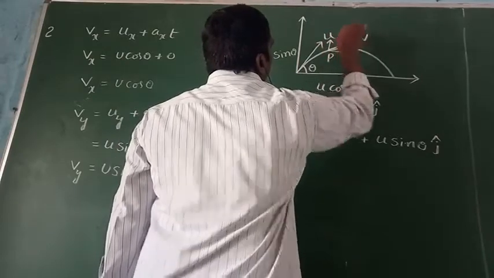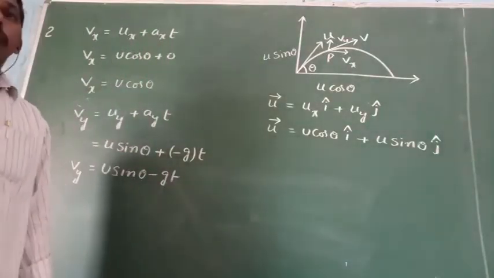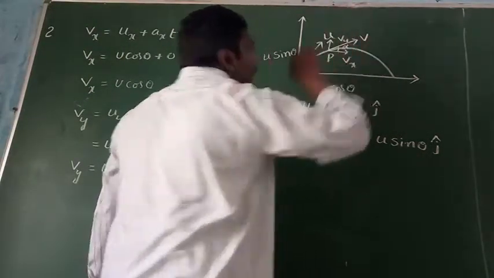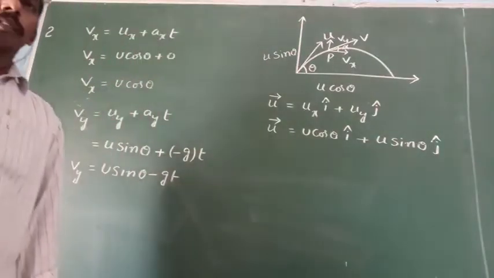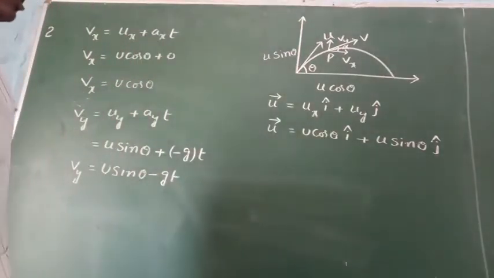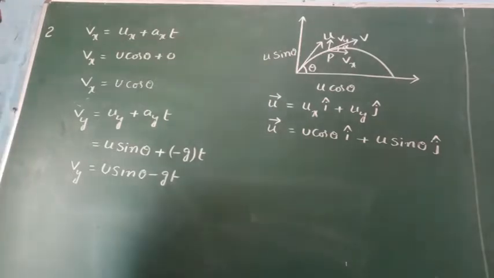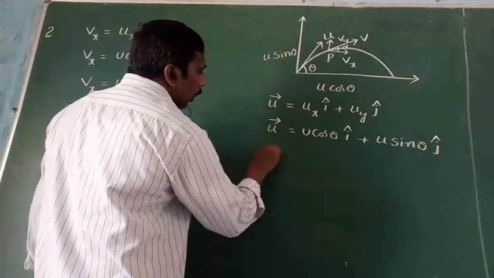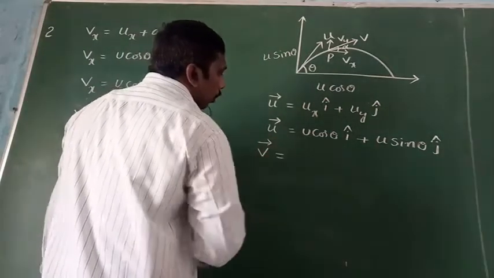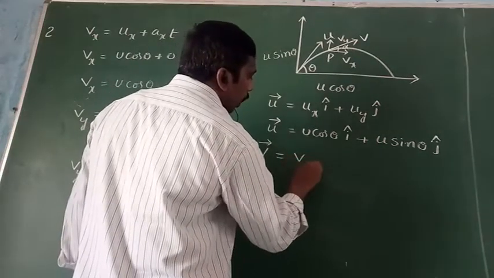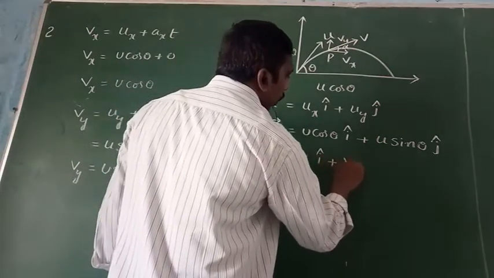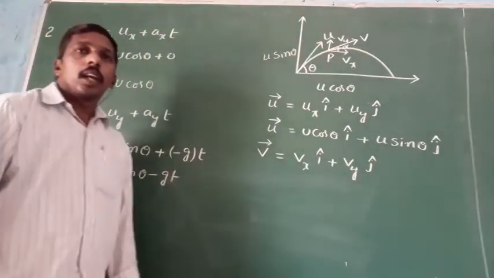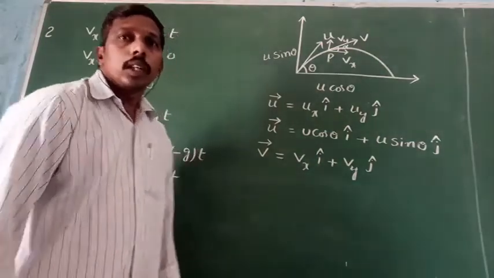Suppose this velocity makes an angle alpha with the horizontal. Then first you write the velocity vector after t seconds: v bar is equal to vx into i cap plus vy into j cap.